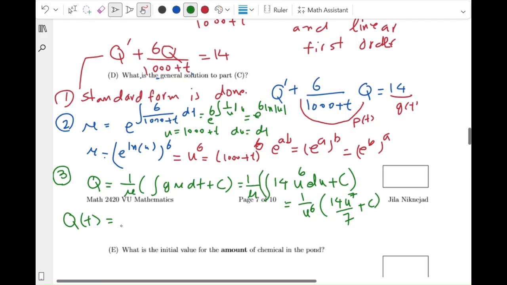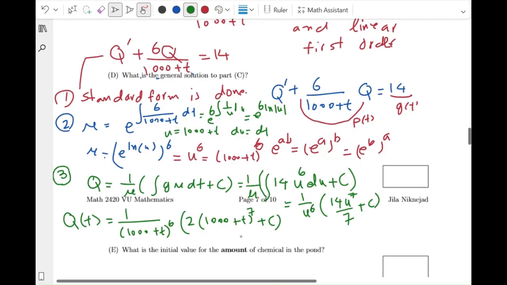So let's rewrite this again. What was u? u was 1000 plus t. So 1 over 1000 plus t to power 6. And then 14 and 7 simplify to 2, and u is 1000 plus t to power 7 plus c.